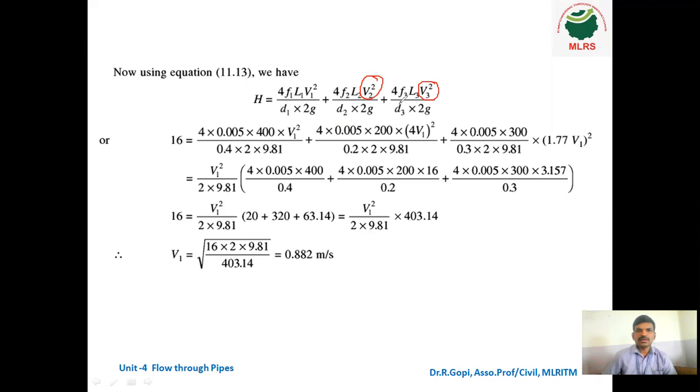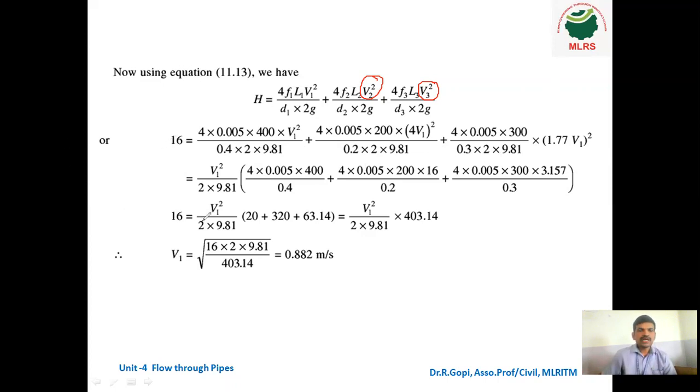V2 is equal to 4V1 and V3 is equal to 1.77 V1. If you write the equation like this, all the terms are converted in terms of V1, so V1 is the common term. Instead of 3 unknown values, we have only one unknown value.